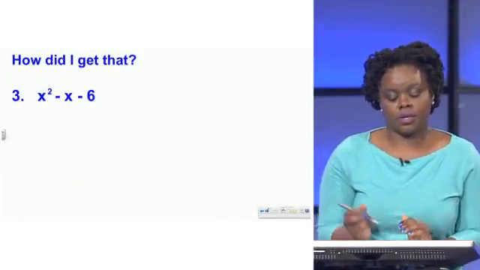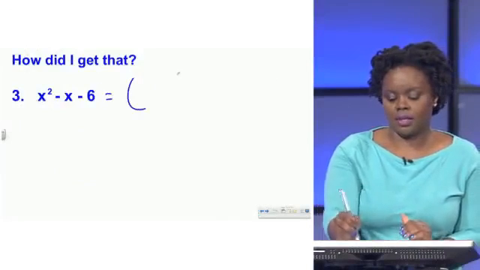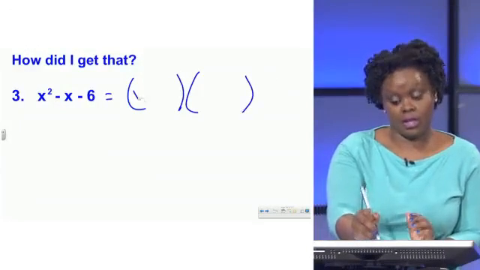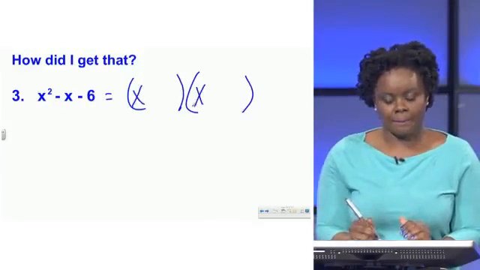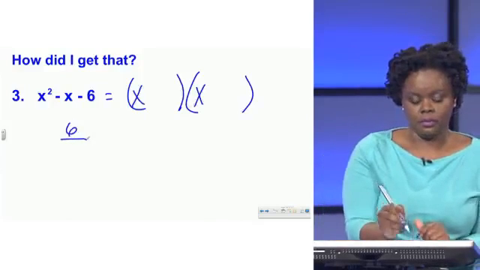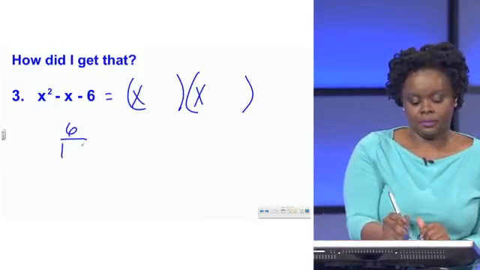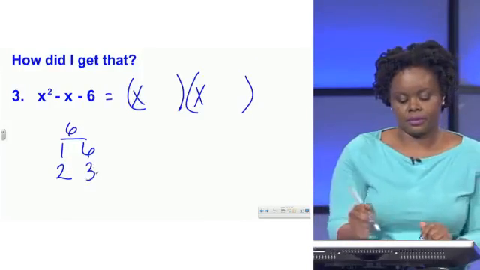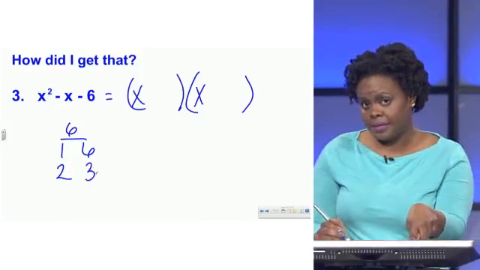And then the last one. So I started out by setting up the answer. Okay? So I know I need to factor 6. So 1 and 6, 2 and 3. Now in this case, it's a negative 6.